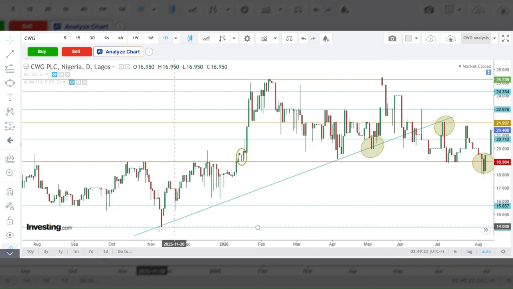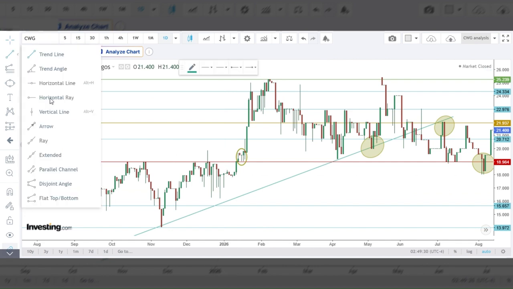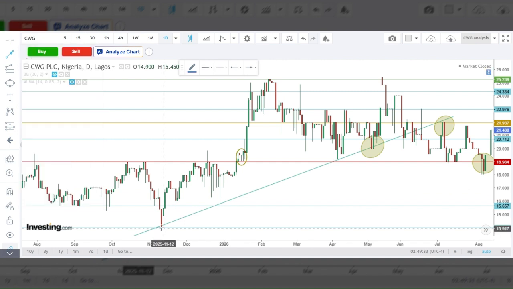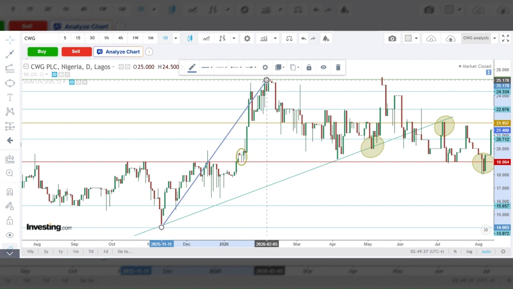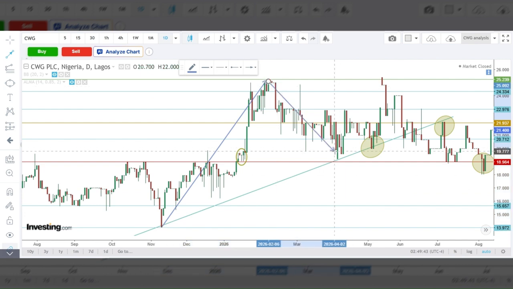So you can see after this uptrend, let me put arrows here. You can see a big, after this uptrend here, the market came down here. Then from here, it came back up again.